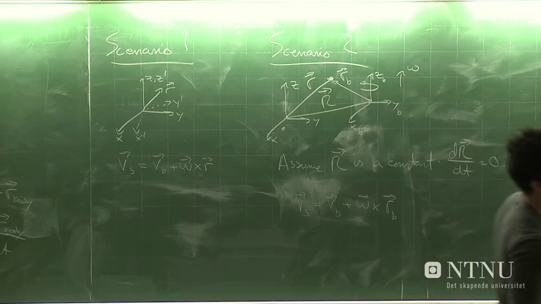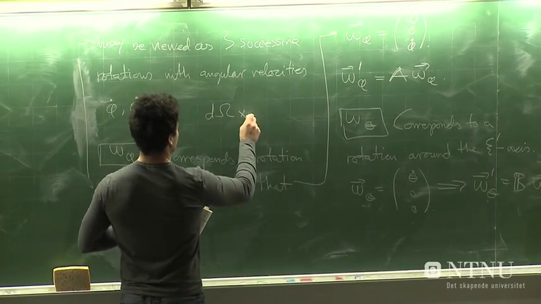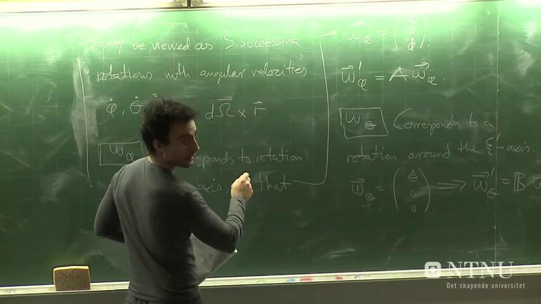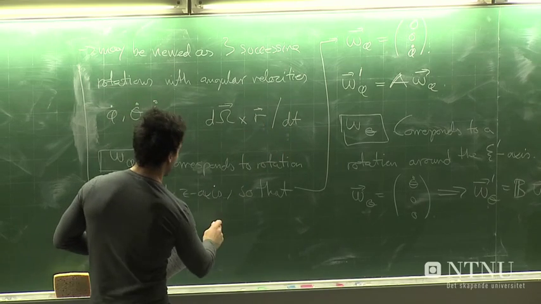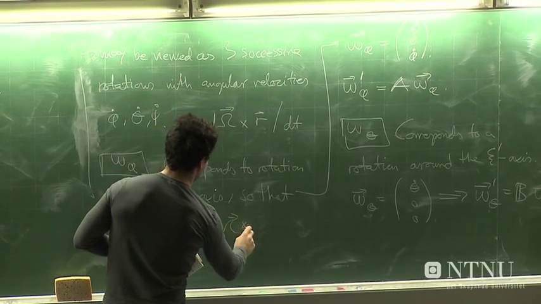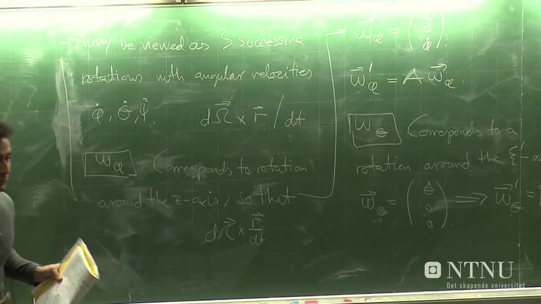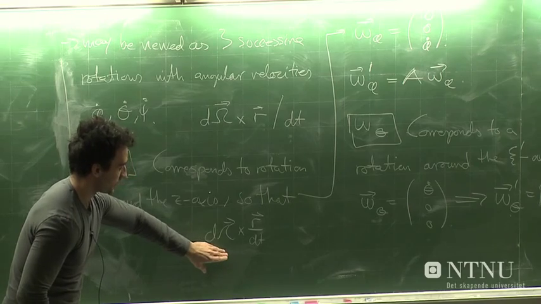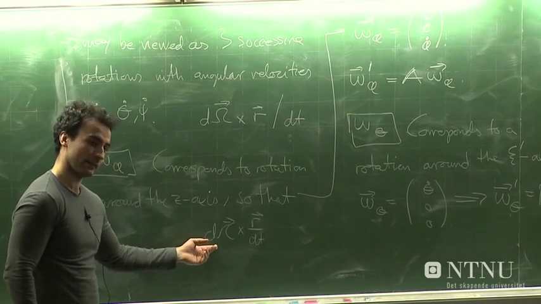So keep in mind here that we had, let's say g is r, so we had this equation. And then we divide it by dt. So if we move dt to r, we have d omega cross r over dt, which doesn't make much sense. So the only way to actually describe this as a new vector, omega, is to move it here. Yeah.